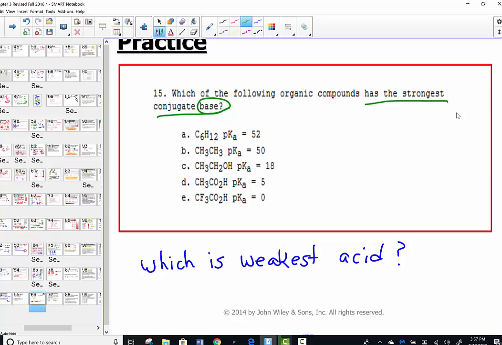And the weakest acids have the largest pKa values. If I talk myself through the strategy, I don't even need my chart. If I just memorize the trend that pKa, the negative log of Ka, the weakest acids have the biggest number. So the strongest conjugate base has the weakest parent acid, and I just want to select the largest pKa.